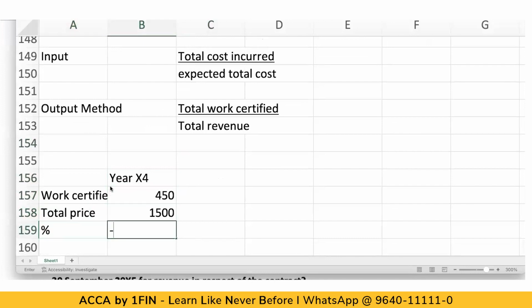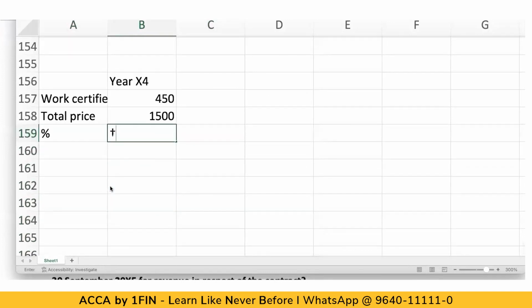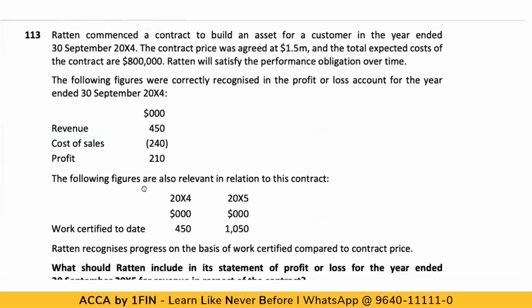Percentage complete is 450 divided by 1500, which is 30%. So revenue is 1500 into 30%, which is 450. Now, in examination, you can consider that yes, 450 if the work is certified, and because it is based on work certified or work completed, 450 can be recognized as revenue directly. There is no need to calculate.